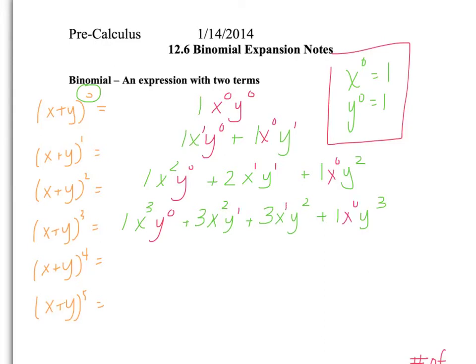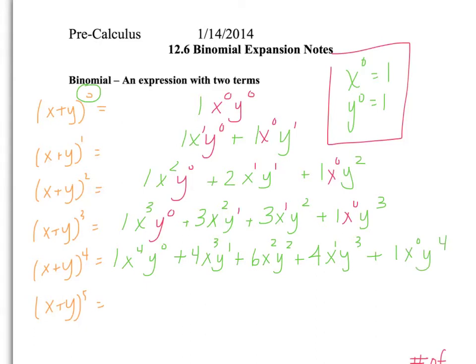Expanding these other two out with placeholders gives me 1x to the 4th, y to the 0, plus 4x cubed, y to the 1st, plus 6x squared, y squared, plus 4x to the 1st, y cubed, plus 1x to the 0, y to the 4th.